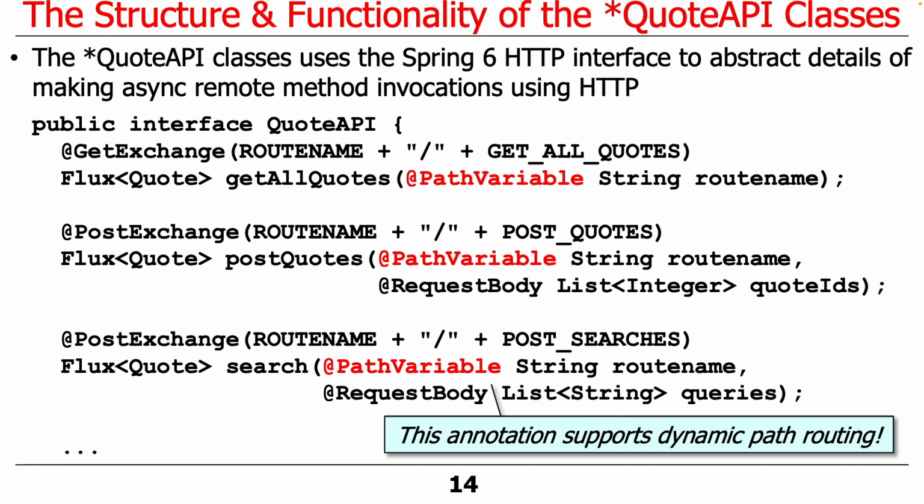So that worked quite nicely. And you can also note here that the GetExchange and PostExchange are very similar to GetMapping and PostMapping on the controller side. So I suspect, I haven't tried this, but I suspect you could probably use ChatGPT to generate the Spring 6 and beyond HTTP interface client signatures from a controller with just a little bit of prompt engineering to make things work.